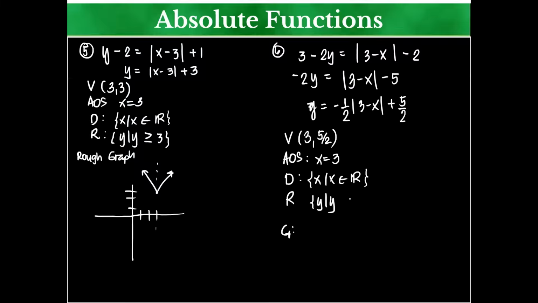Therefore, less than or equal to what? To 5/2. So for the graph, we will start with the vertex. 3, 5/2 is 2.5 from here. Pero sabi negative, so it goes down. Can you follow?